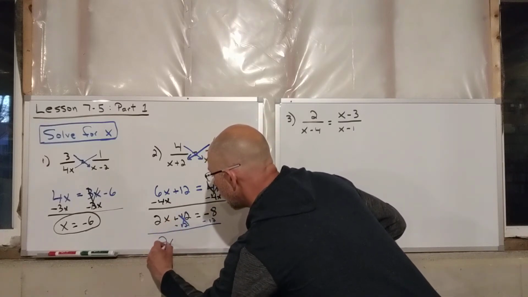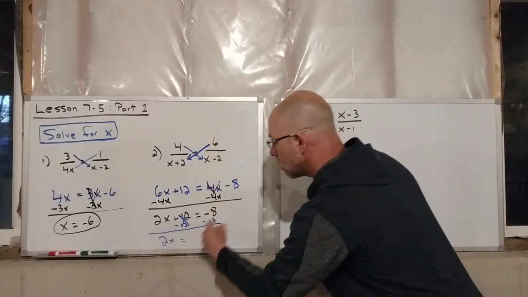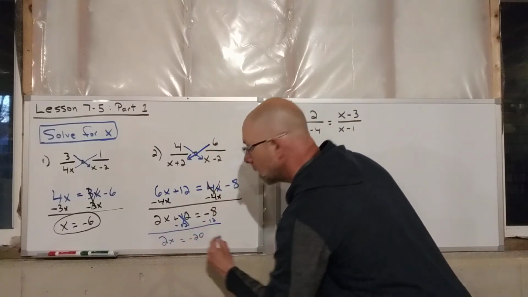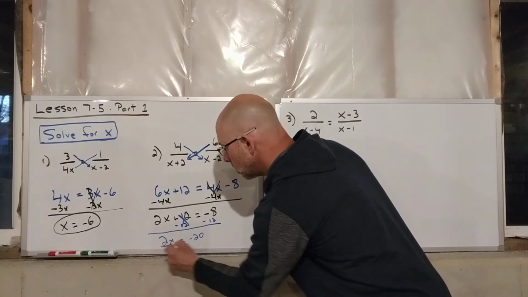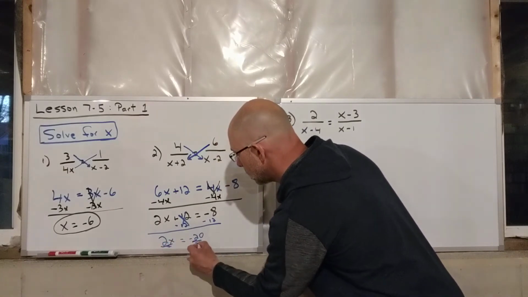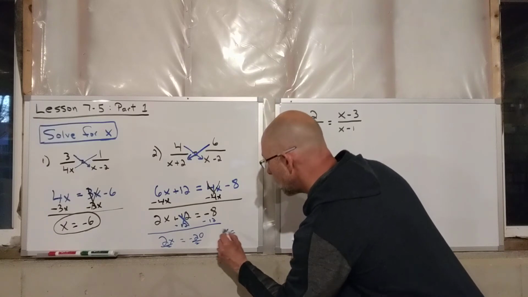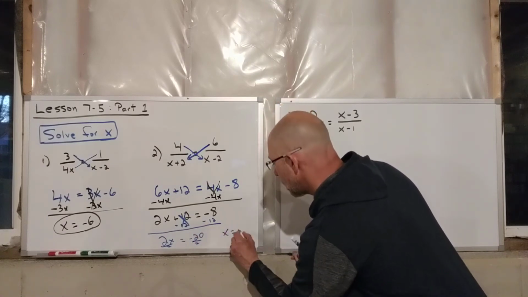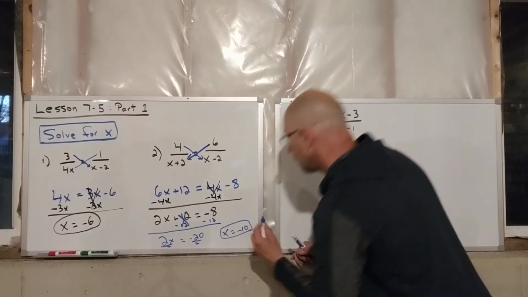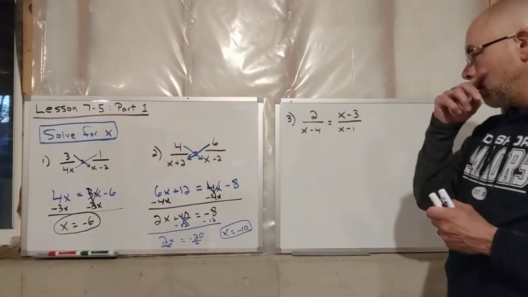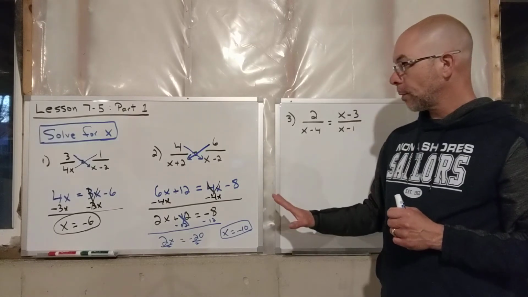I get 2x equals -8 minus 12 is -20. I'm going to divide by 2. Divide by 2. And we get x equals -20 divided by 2, or -10. Okay? So there we go.